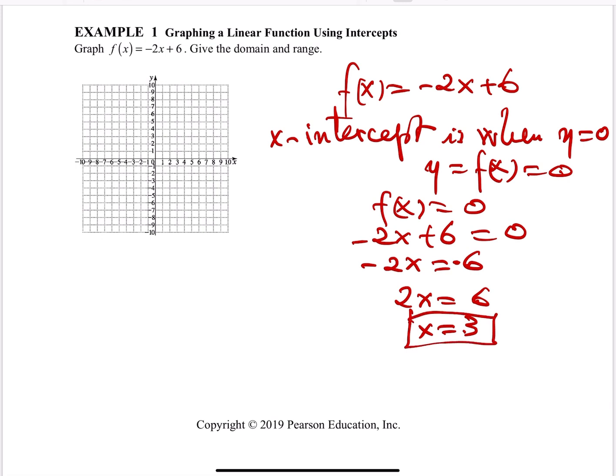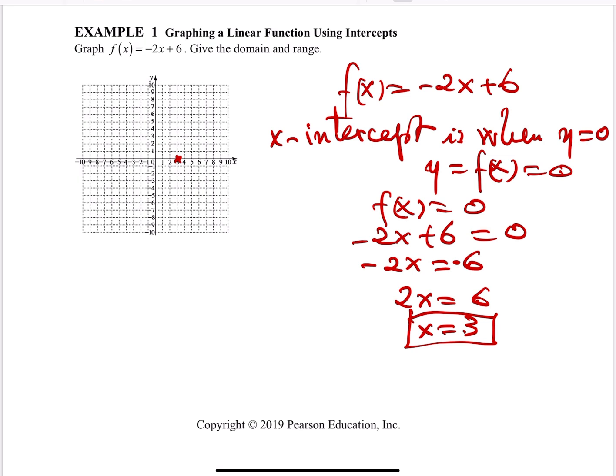So then we can conclude here: the x-intercept is when y is equal to 0, y is f(x), then the x-intercept is x equal to 3. Go back and check, 3 is right here. We have one point. Again, to graph a linear function you only need 2 points.